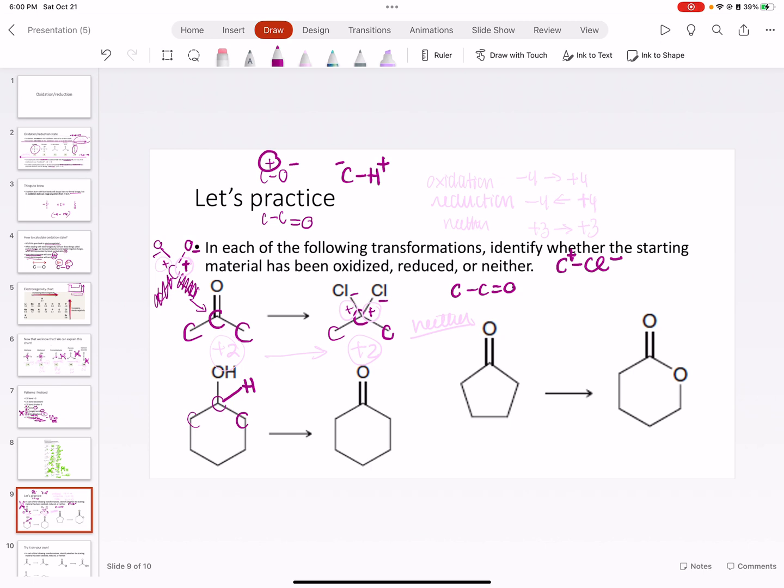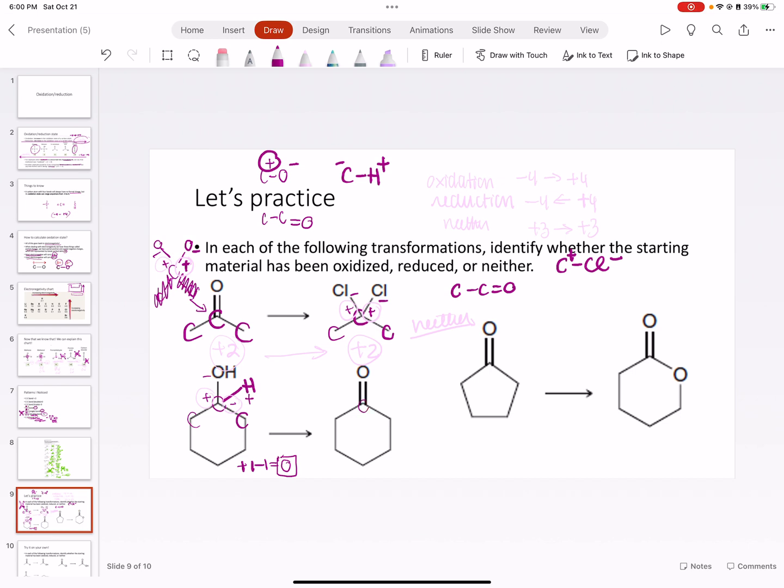On the other hand, carbon carries a positive and oxygen carries a negative. Remember, we don't care about carbon-carbon bonds because they equal 0 in any form. So I'm just going to do a plus 1, minus 1, which gives me a 0.